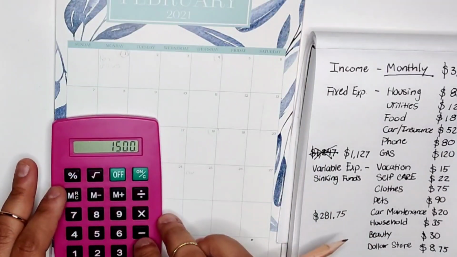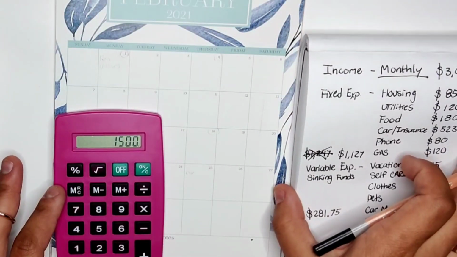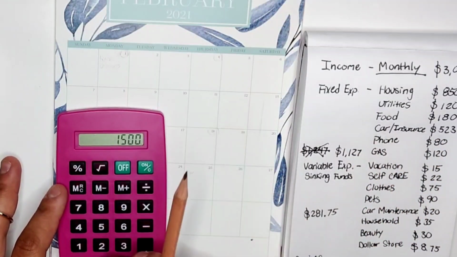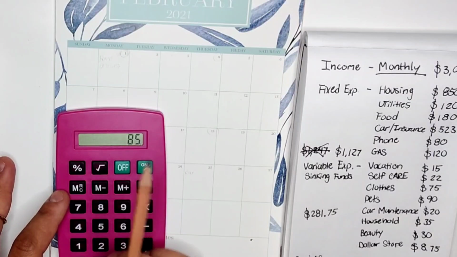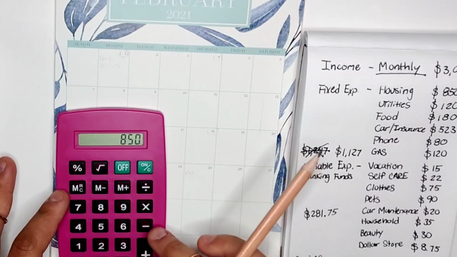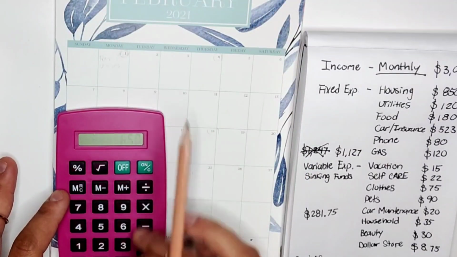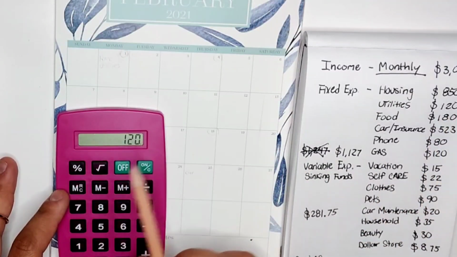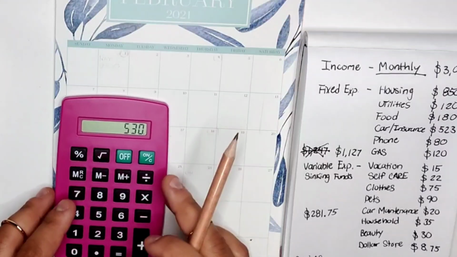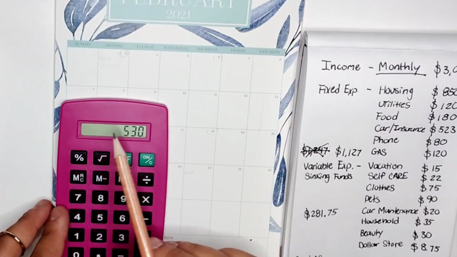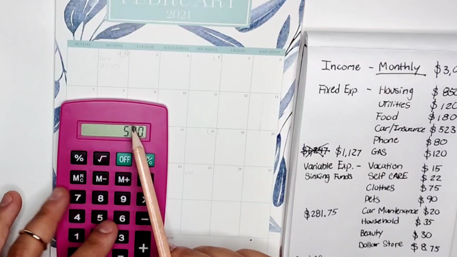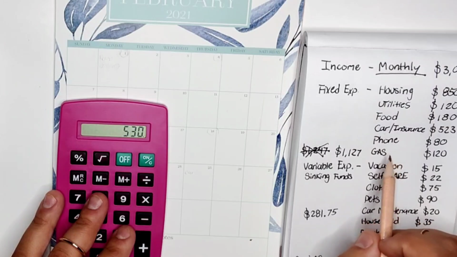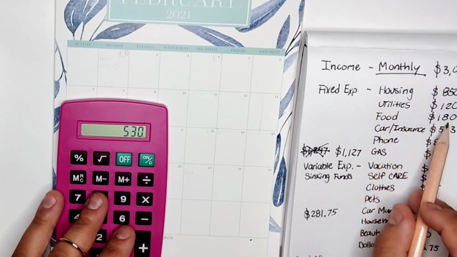So now we are going to take the numbers that we calculated in the beginning and subtract $850 from the first paycheck and your utilities that we have listed over here. So now that total comes out to $530. And now we're also going to subtract our gas and then our food.